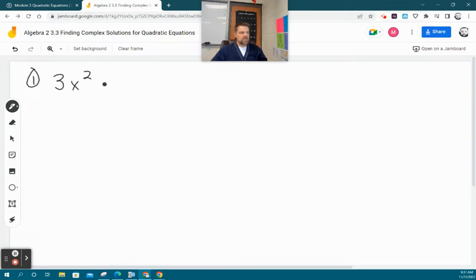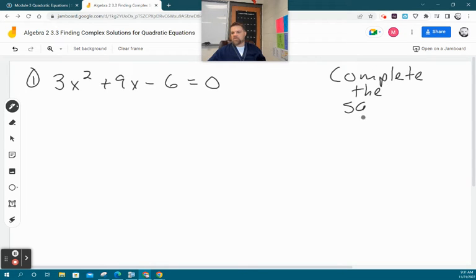3x squared plus 9x minus 6 equals 0. If I want to solve this by completing the square, completing the square rigs the problem in a way that you end up with a perfect square, and then you take the square root.